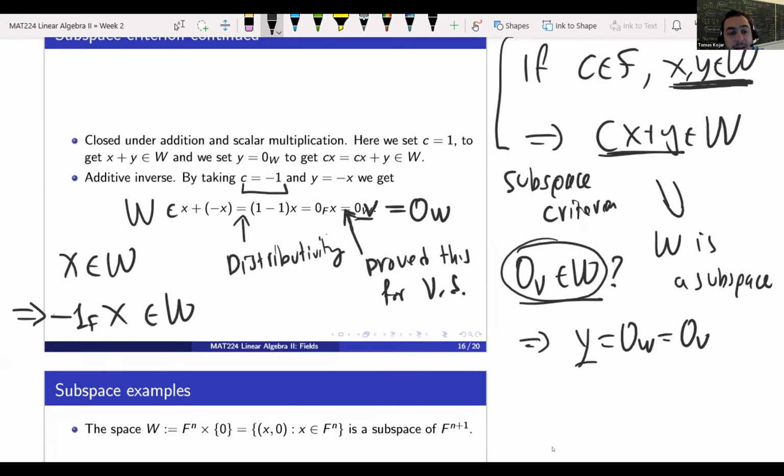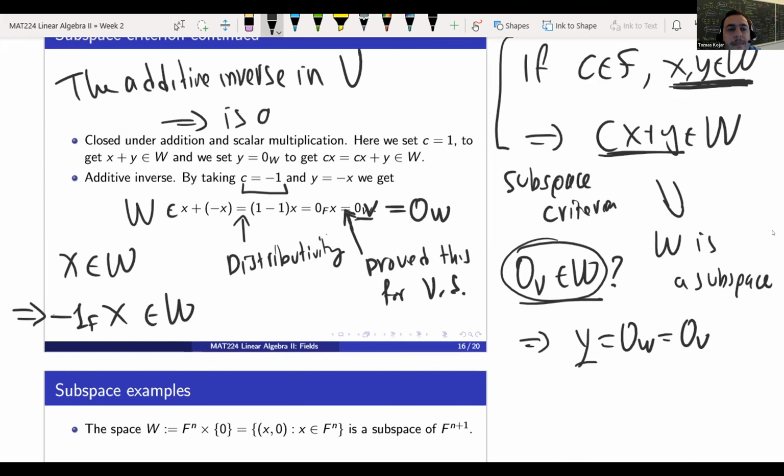And here we show that indeed it acts as a 0 element. So let me repeat. The additive inverse in V is the same as the additive inverse in W. So all we showed here is that the additive inverse in V is also for W.